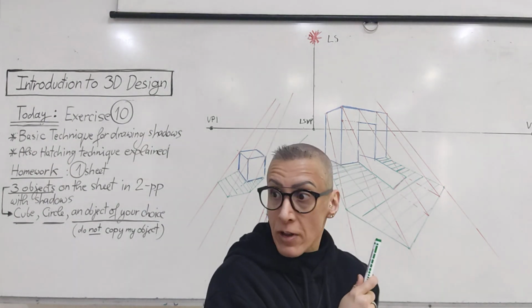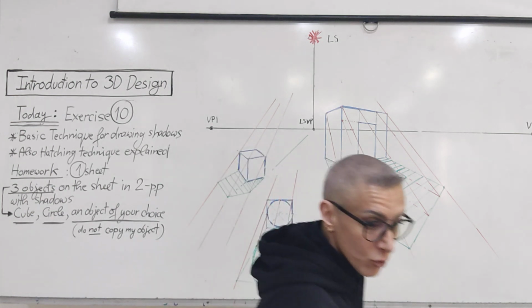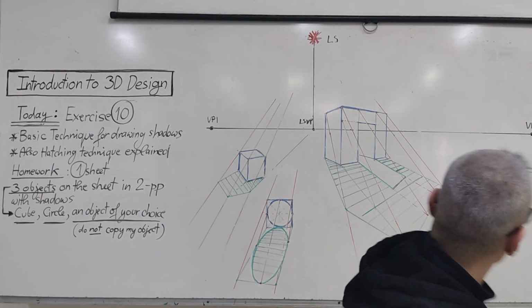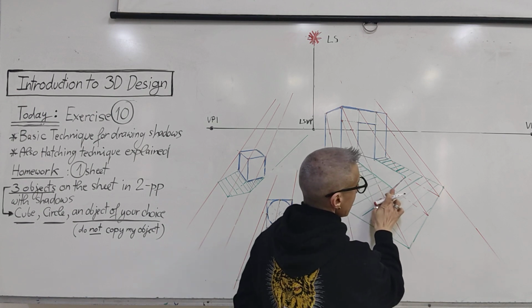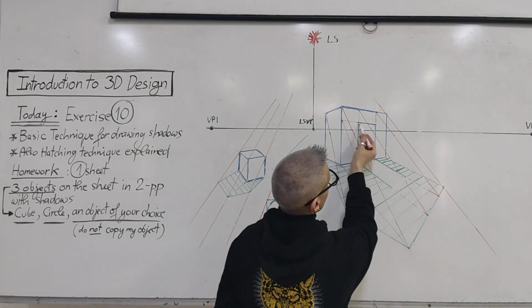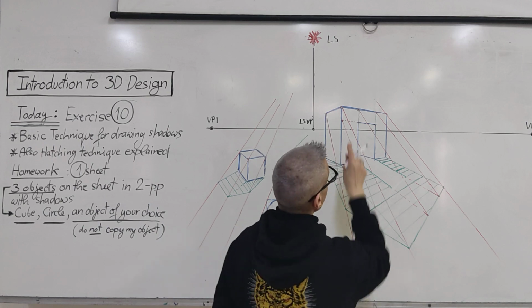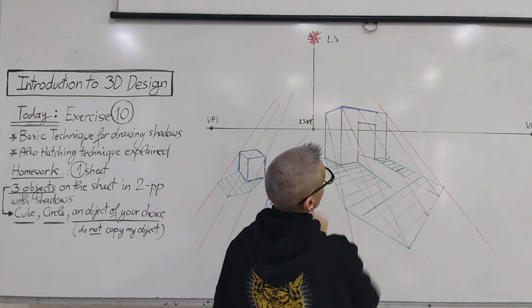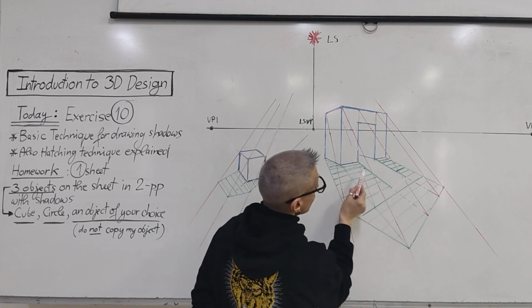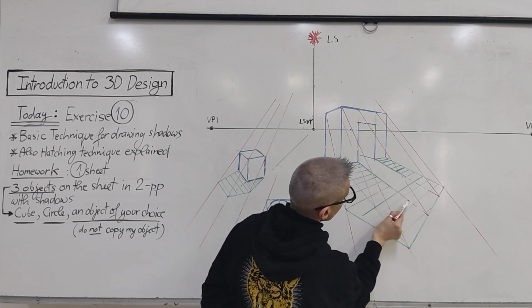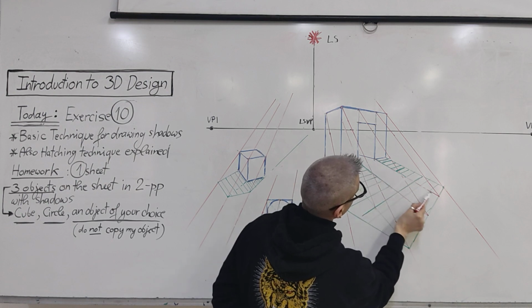Now, let me tell you another way how to do something, just before we continue. So, we found this line here. Do you remember this line? By extending it. Another way to do it is, maybe it's even better. Do you see these two lines that we created?